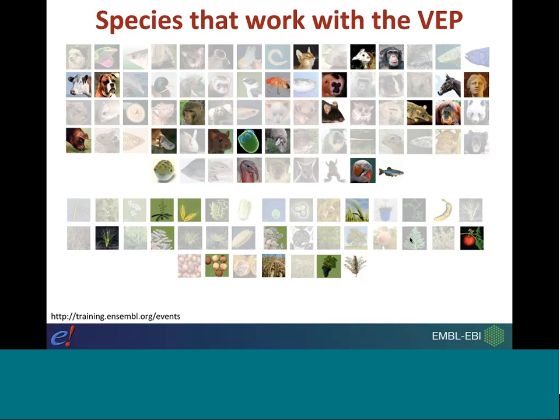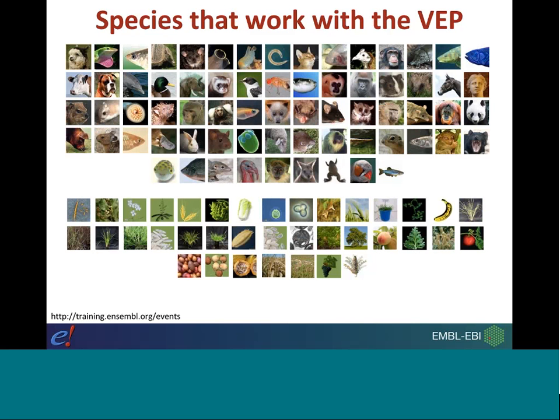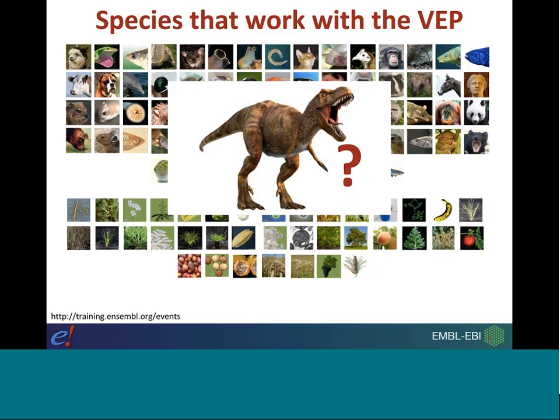So in Ensembl, we have a number of species that have variation data, but in fact, every species in Ensembl you can use with the VEP. So as long as there's a reference genome assembly, your own variation data is going to be analyzed in the context of the reference genome assembly. So any species that you're studying in Ensembl, you can use with the VEP.